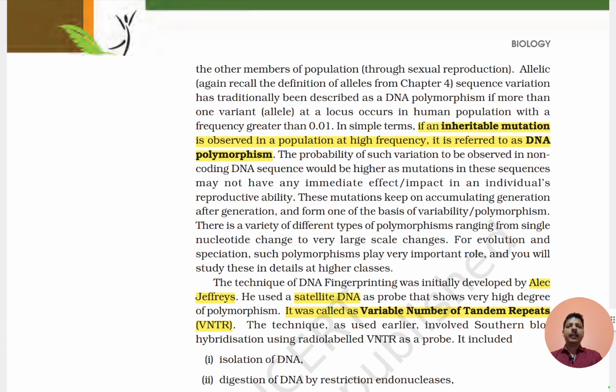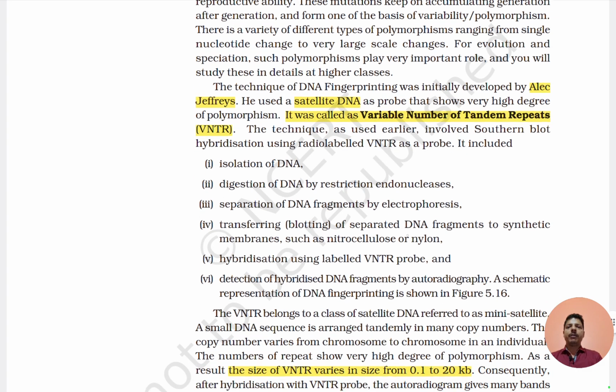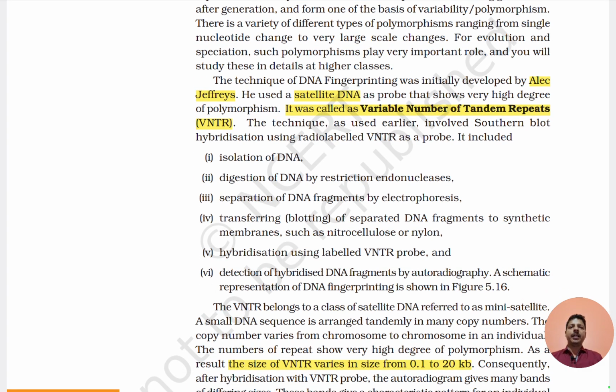If an inheritable mutation is observed in a population at a high frequency, it is referred to as DNA polymorphism. Fingerprinting was initially developed by Alec Jeffreys. He used satellite DNA as a probe that shows a very high degree of polymorphism. It was called VNTR, variable number of tandem repeats.